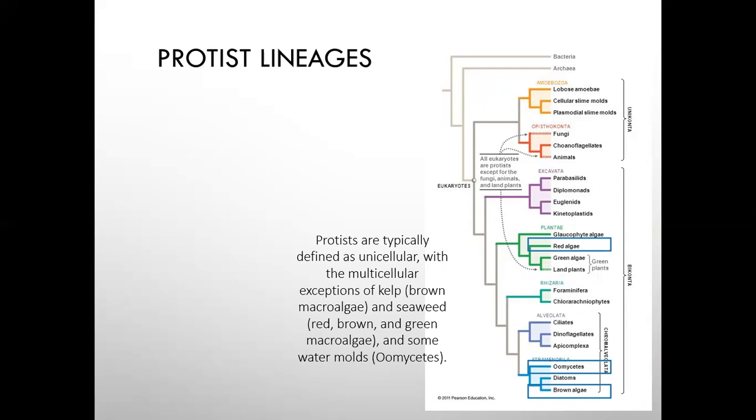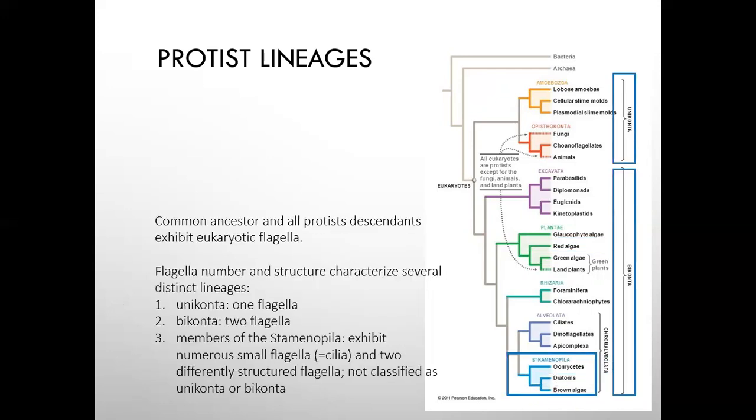There are multicellular protists like the macroalgae, and typically we'll classify them as Unikonta or Bikonta, having 1 flagellum, uni, or 2 flagella, bi. That's a way we can group them together. But again, as another exception to the rule, members of Stramenopila can have numerous small flagella, which we kind of call cilia, so we're not going to classify them as Unikonta or Bikonta.